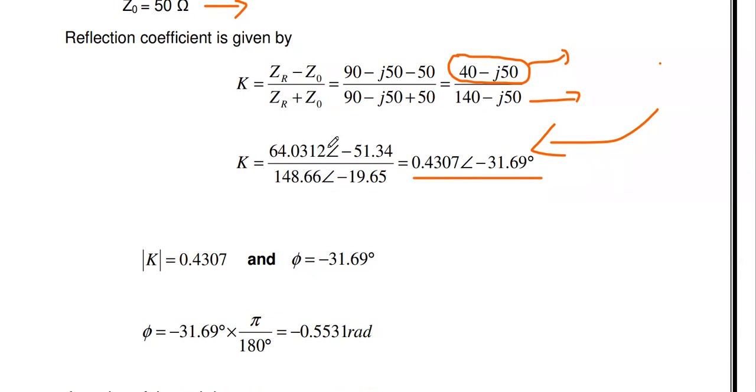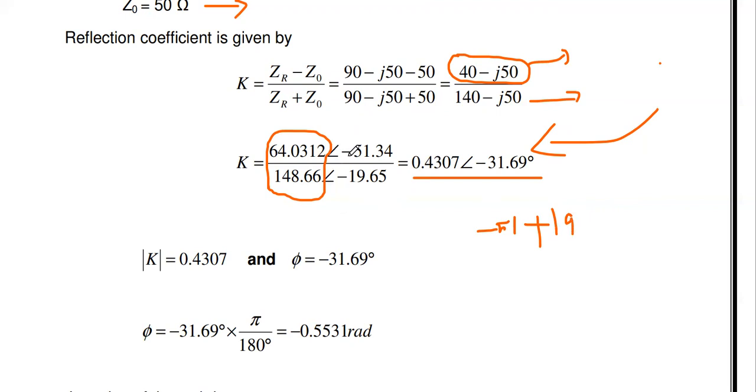Then after converting each quantity into polar, you divide. While dividing polar by polar, the magnitude part you divide as usual: 64.03 divided by 148.66. You may get the answer 0.4307. And for the angle, in division we have to subtract: minus 51 minus of minus 19, so plus 19.